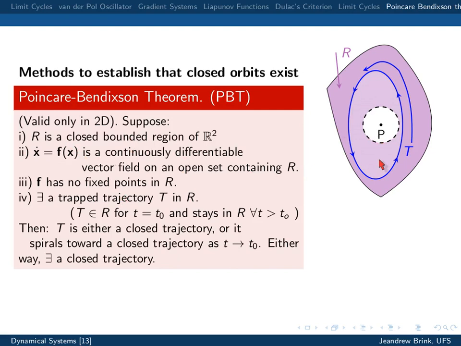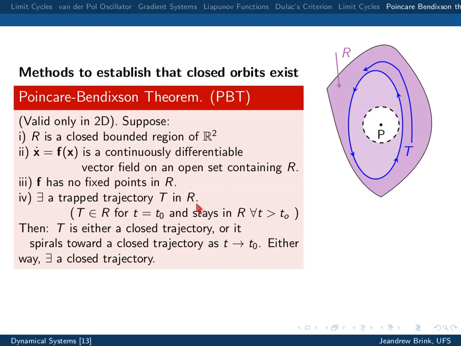What typically happens when you try to apply this theorem is that the hard thing to prove is this fourth part. It's easy to find a closed bounded region in R2. You just draw one, check that the system is continuously differentiable, identify all your fixed points, and cut them out. That's a fine region. What is difficult is to prove that in this region there's a trapped trajectory.